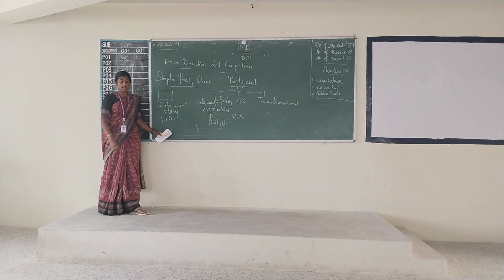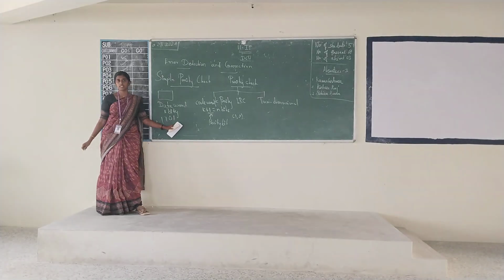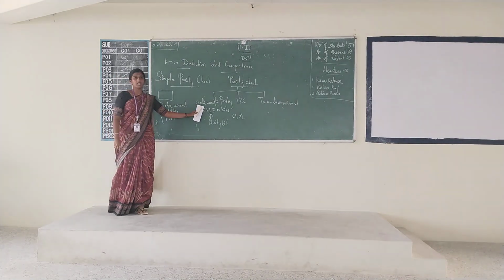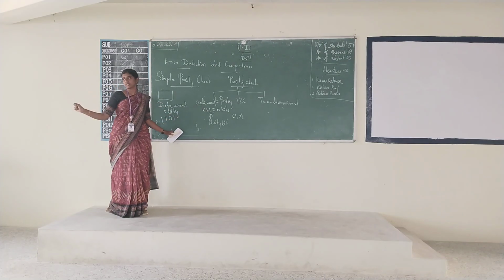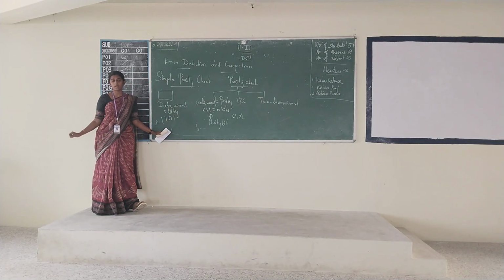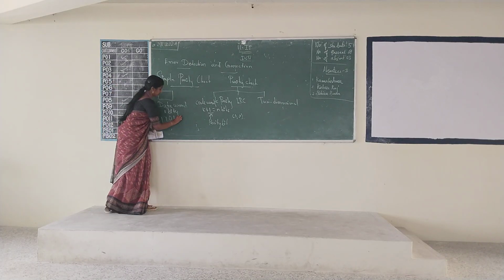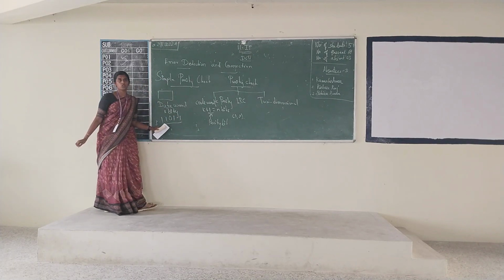Your data word has 3 ones. It is odd. The code word should have an even number of ones. Then what will be the parity bit here? 1. So this is going to be your code word.